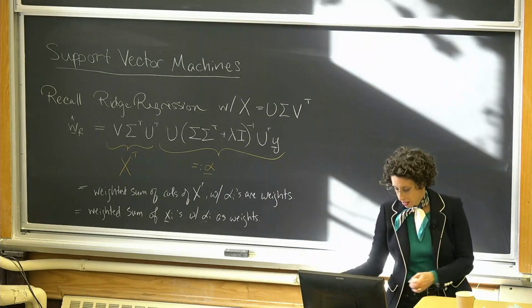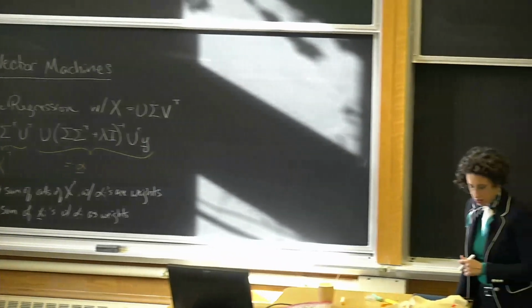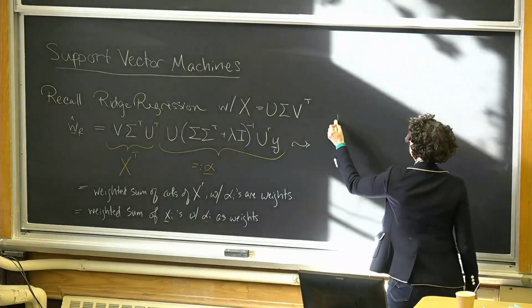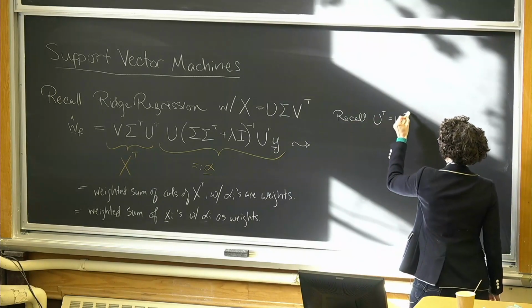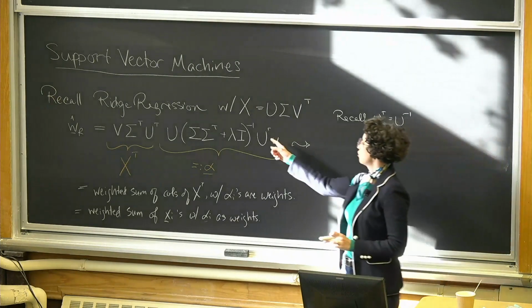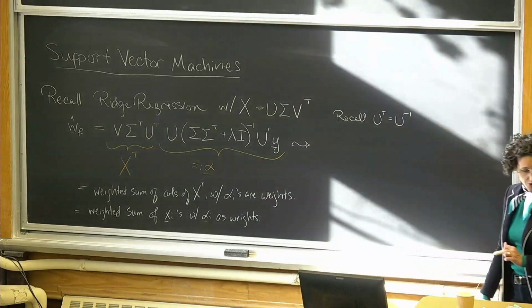Okay, so I can similarly and maybe more efficiently write this because I can take this vector alpha, and what I can do is I can move, remember that U transpose is equal to U inverse with the singular value decomposition. So what I can do then is I can actually move the U's into this inverse matrix.